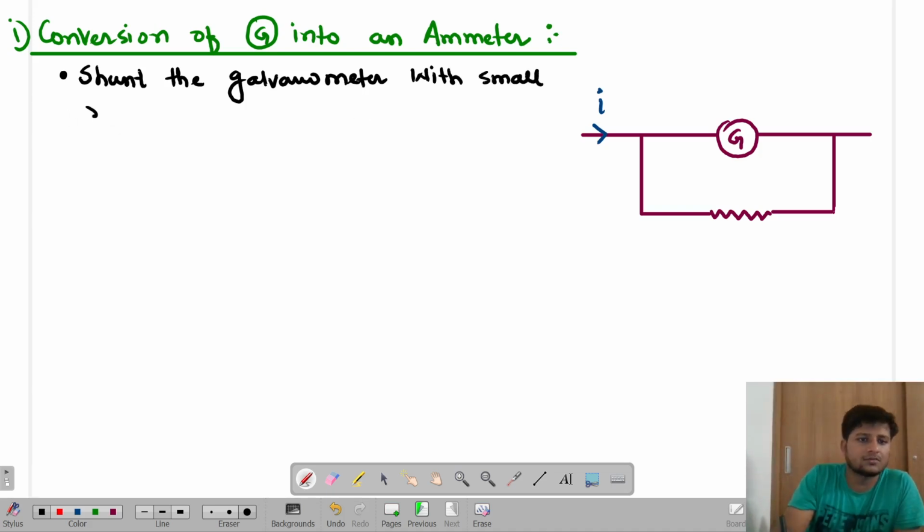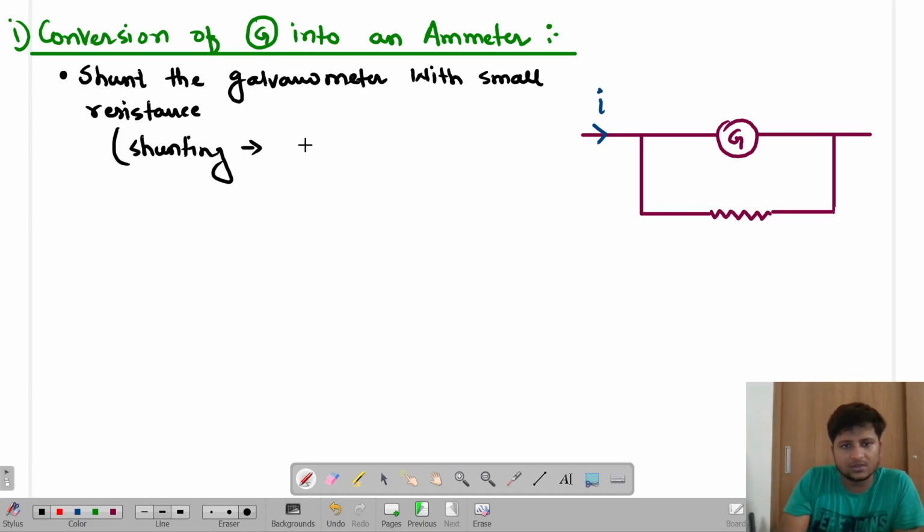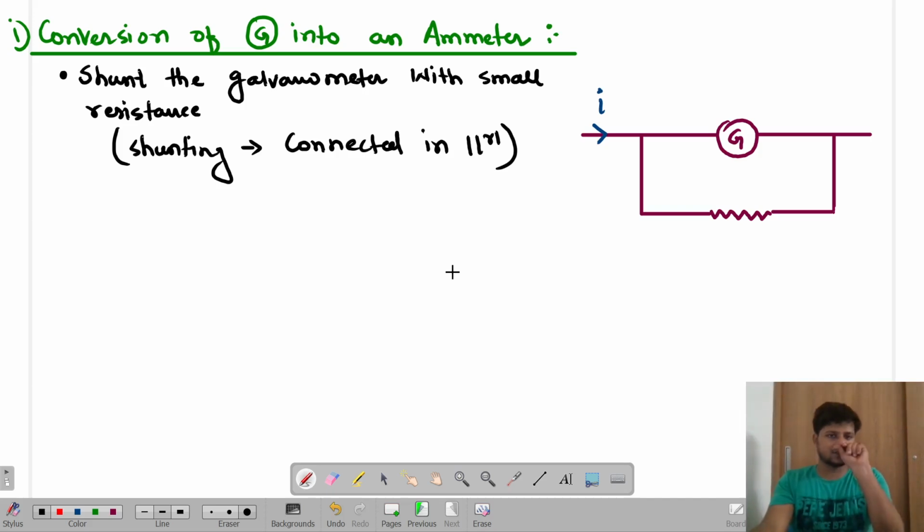The word shunting itself means a resistance connected in parallel, not in series. How to connect the resistor? Parallel. Are you able to get me or not? Is that clear? And the shunt is always denoted as S. So this is my S.